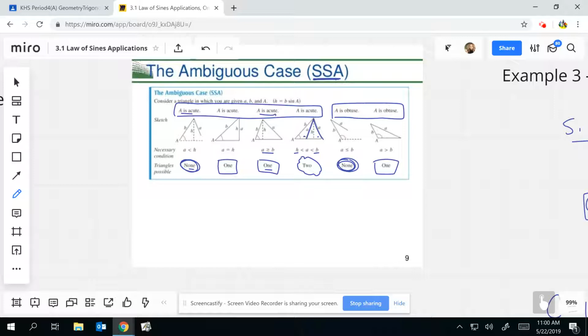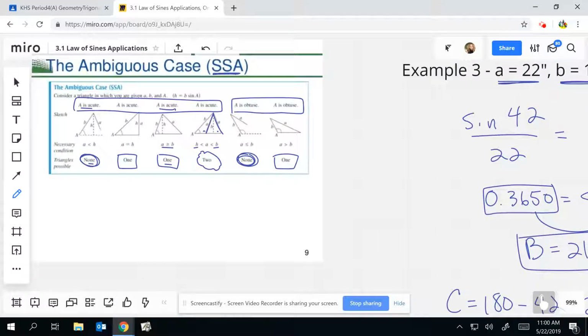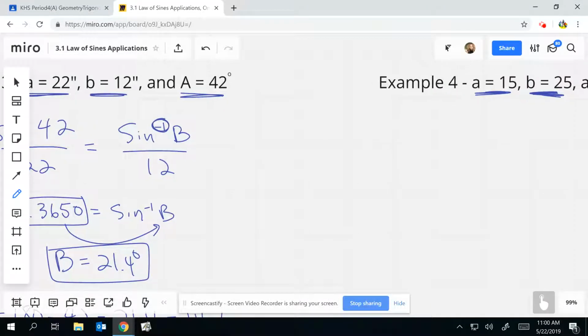If it does have no solutions, it'll say error on our calculator. So we don't have to worry about it. If it's no solutions, it'll say it. Here, A is equaling H. That's going to be a right triangle, so we don't have to worry about that. That has one answer. And we have 2 answers when A is less than B, but it's greater than the height. So let's see what we have on this one.